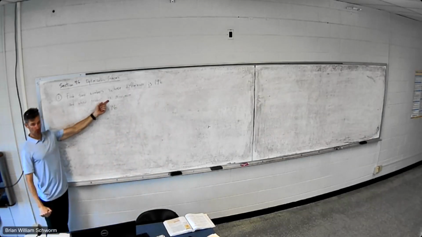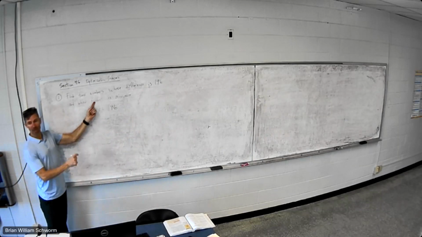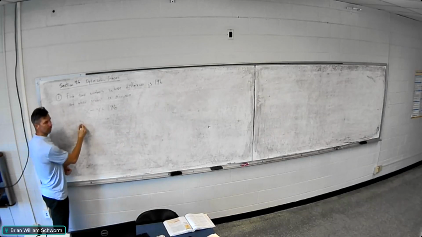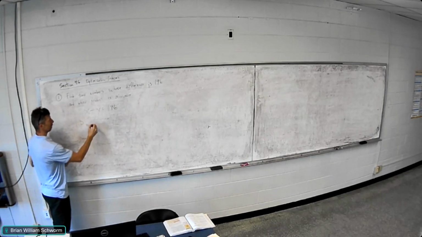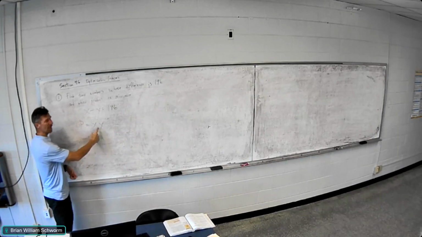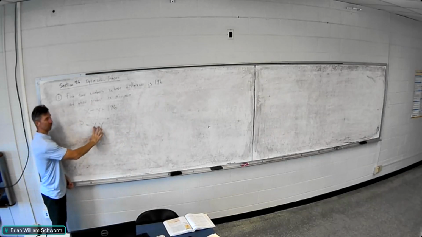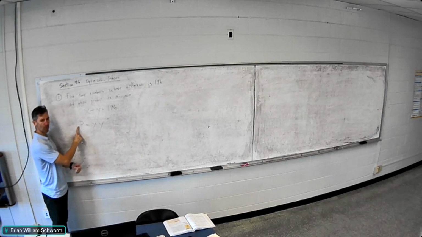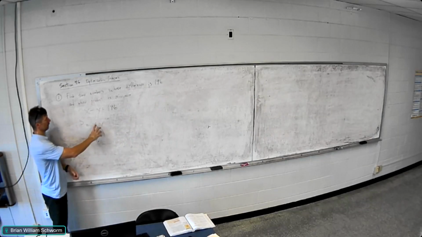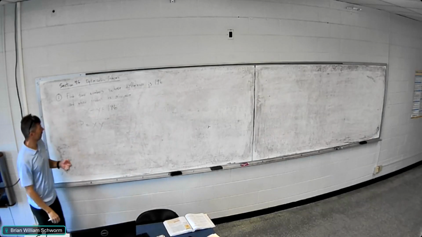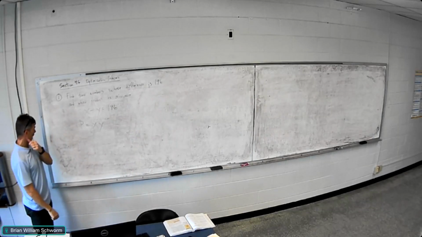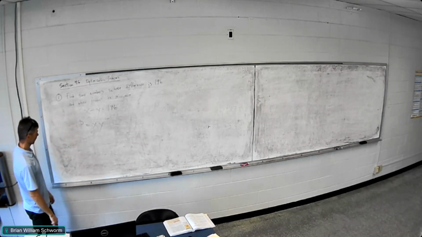But the function that we're trying to optimize is the product. So I'll use P for product, means multiply. So we're trying to minimize this function. P for product is a function of x and y. It depends on x and y. It's a variable. It can change for the different values of x and y.